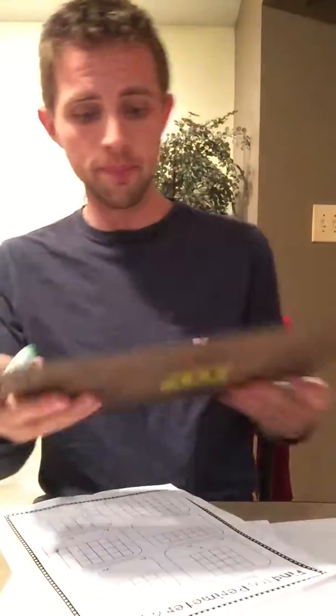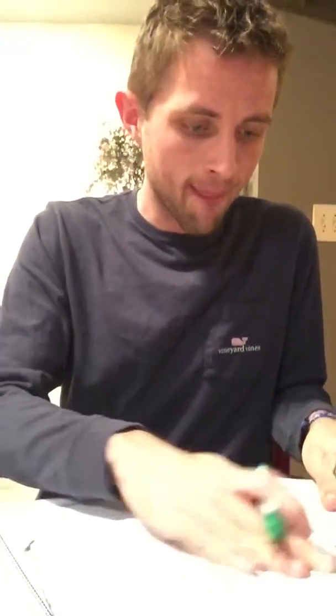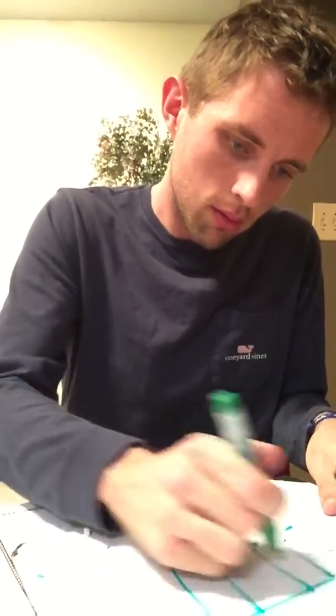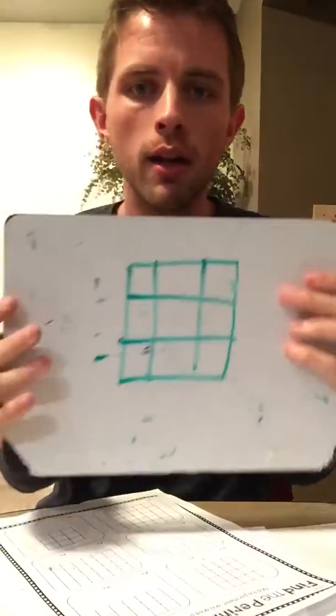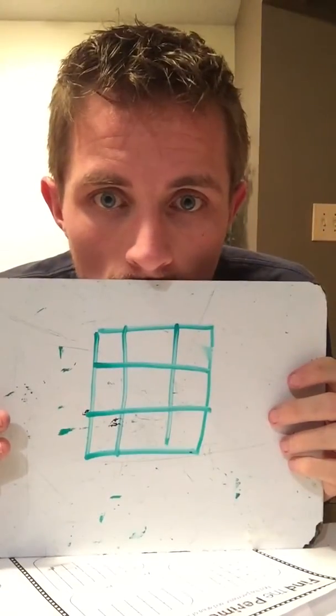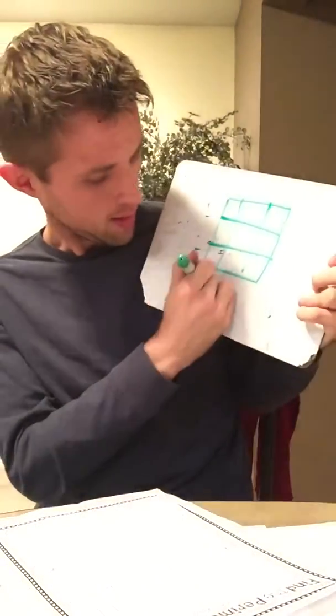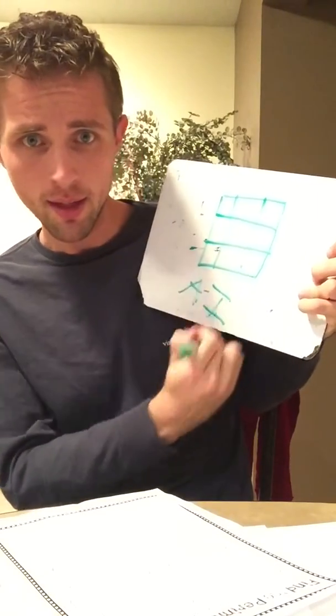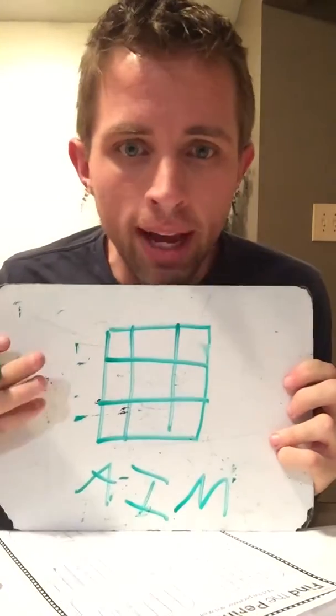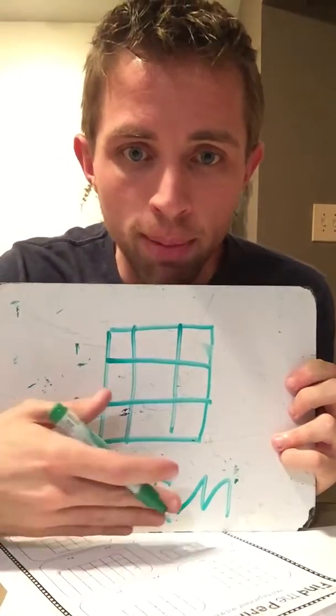Let's do another one. Okay, here we have this block. Remember, area takes place on the inside, so we multiply. Now, we're not to the multiplication yet. Right now, let's just worry about area taking place on the inside.